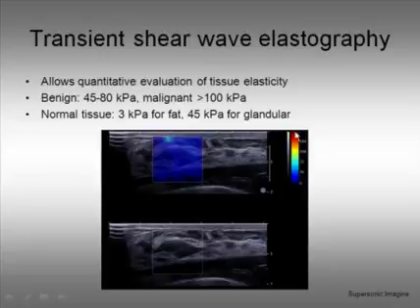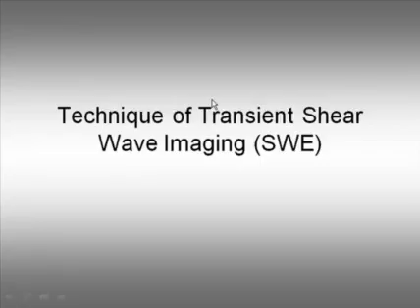There is a bar at the side of the screen which gives you the actual measure in kilopascals of the tissue stiffness within this box. In general, normal tissue, fat and glandular tissue, will be generally less than 70 kilopascals. Malignant tissue will generally be higher than 100 kilopascals.